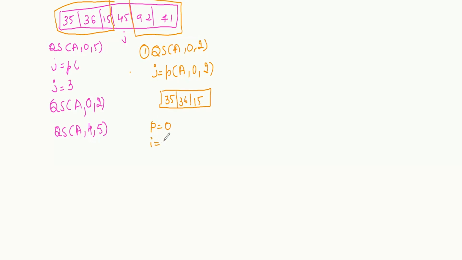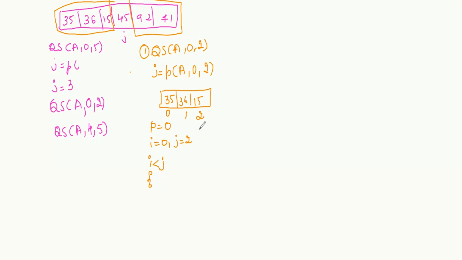I is also going to get the low value, and j is going to get the high value. Now I'm going to check if i is less than j. This is the very beginning while loop we followed. After that, I'm going to check if i is less than high. Now 0, 1, 2. My high value is now changed; 2 is my high value.